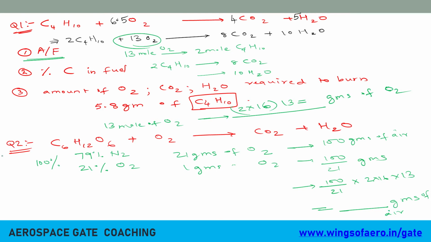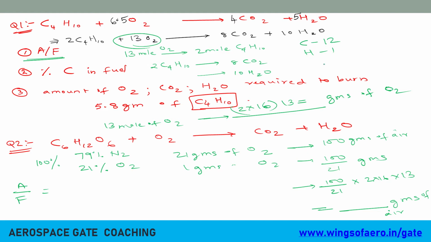Now you find that. The ultimate thing is you have to find the air to fuel ratio. Now air you can find through this. How can you find fuel? The same phenomenon. You require 2 moles to make a complete combustion. So here you have C, molecular weight of C is 12, H is 1.